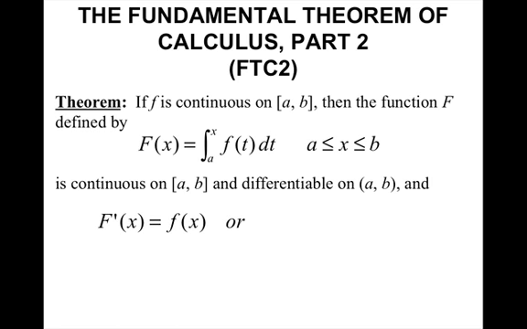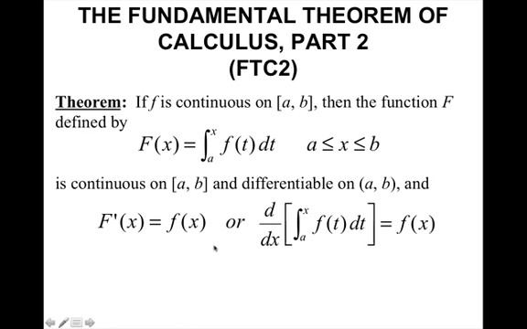And we can say that the derivative of big F is equal to little f in terms of x, or you can think about it as when you are asked to find the derivative of the integral, that is just the function inside in terms of x. And I want you to keep in mind that your book calls this part 1.